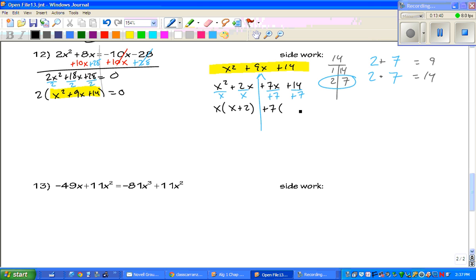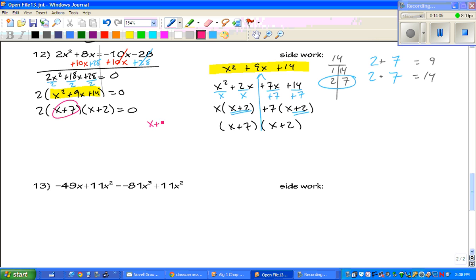x plus 2. And x plus 2, which is perfect because that's what we needed. And so we get x plus 7, x plus 2. So that's what our next step is, the x plus 7, x plus 2 equals 0. Okay?